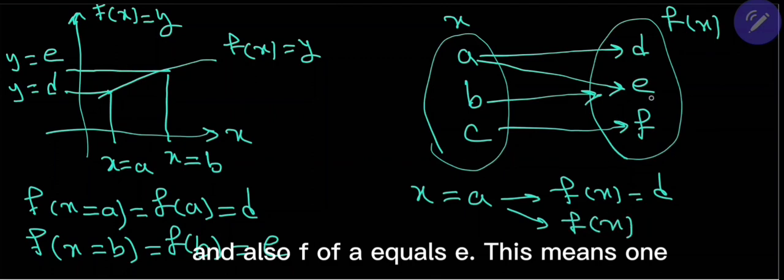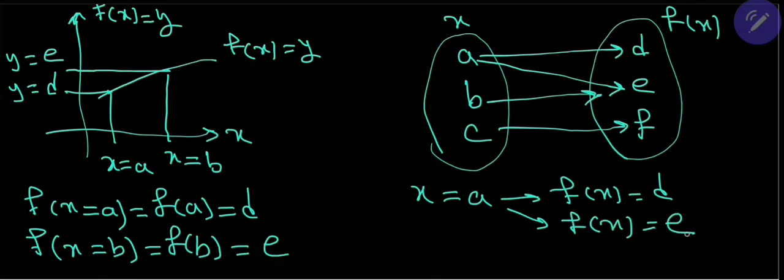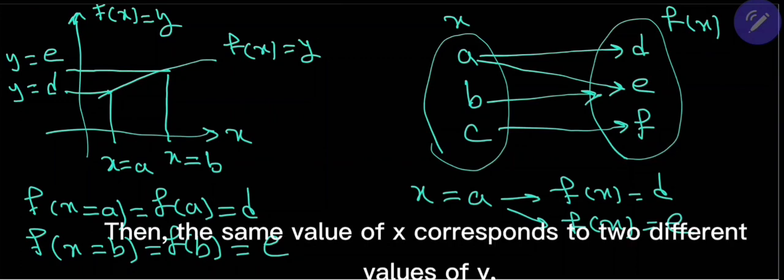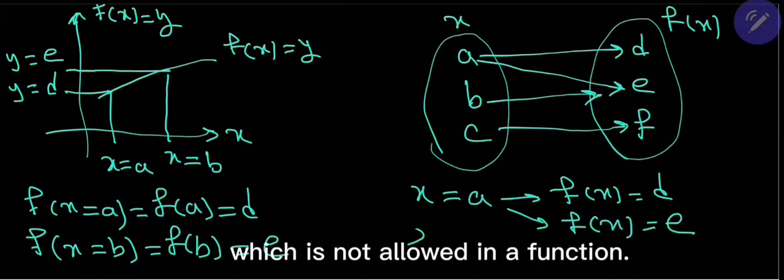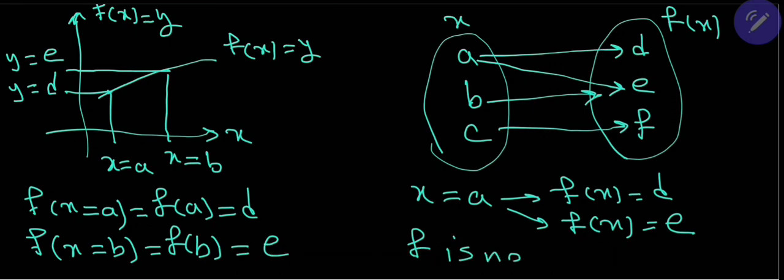This means one input has two outputs. Then, the same value of x corresponds to two different values of y, which is not allowed in a function. Then f is not a function.